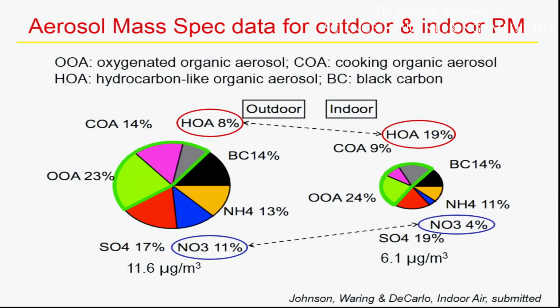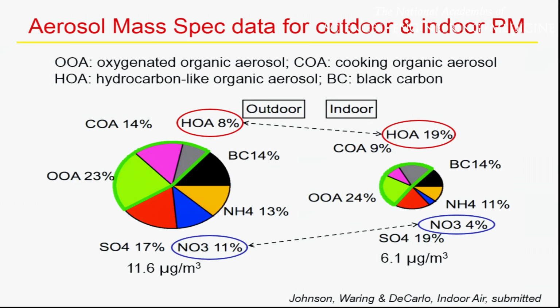So if we look, there's two slices of pie I'd like to focus on in this data. First, the slice of pie labeled HOA. HOA stands for hydrocarbon-like organic aerosols. What happens to the percentage of these hydrocarbon-like organic aerosols when we look at outdoor and compare to indoor PM?